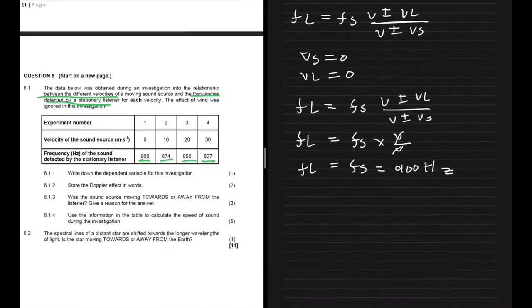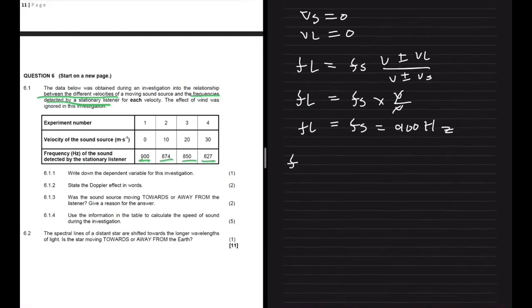To calculate the speed of sound during the investigation, we'll pick any of the other remaining experiments. Let's pick experiment 3 because it has 20 and 850; 850 is better to work with compared to 874. Fs, we deduced, is 900 Hertz, and FL for the third experiment is 850 Hertz.